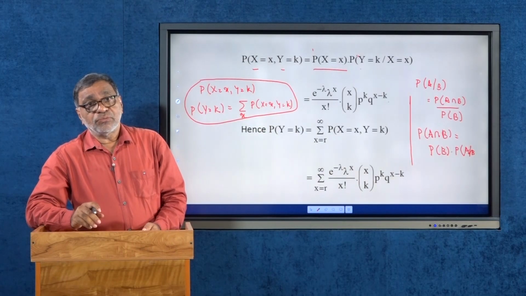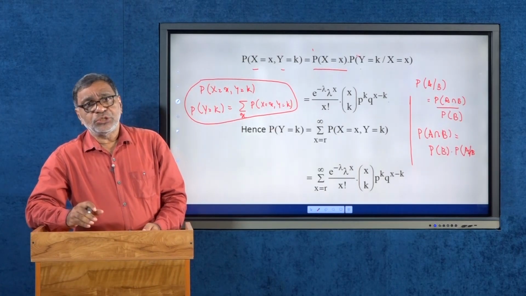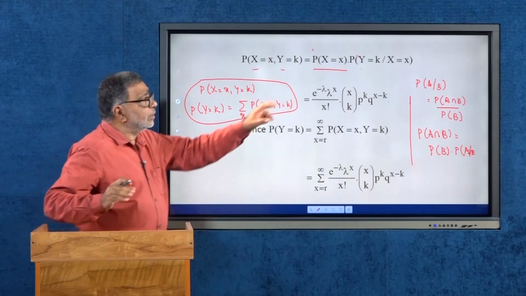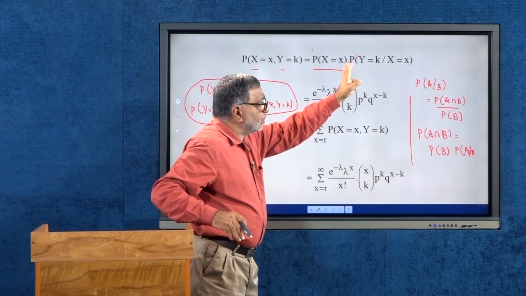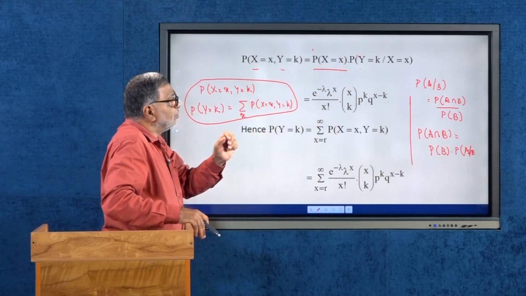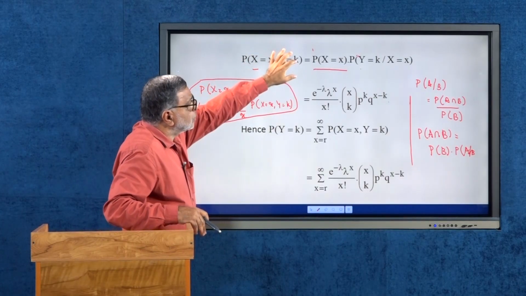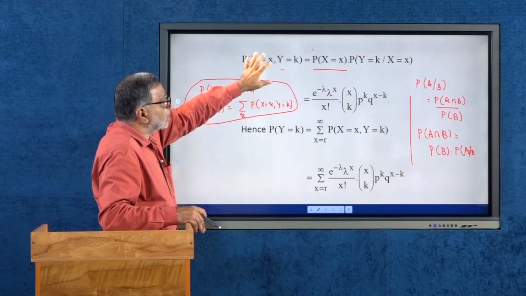We established this using the concept of joint probability mass function, which is given by the product of the conditional distribution and the marginal PMF. From that you find the probability mass function of y equal to k by taking the summation over all x values.